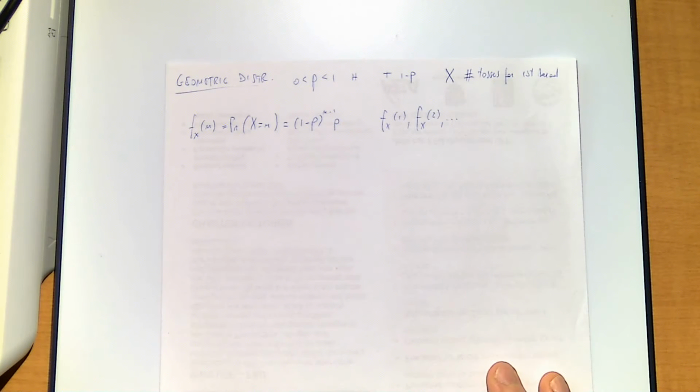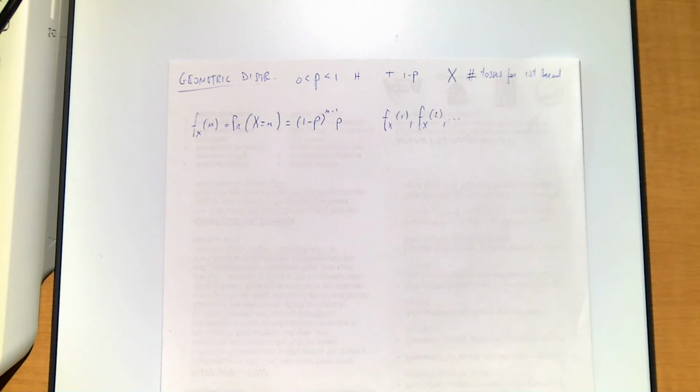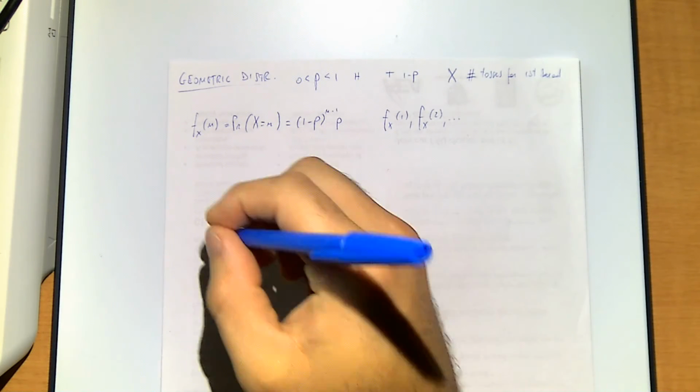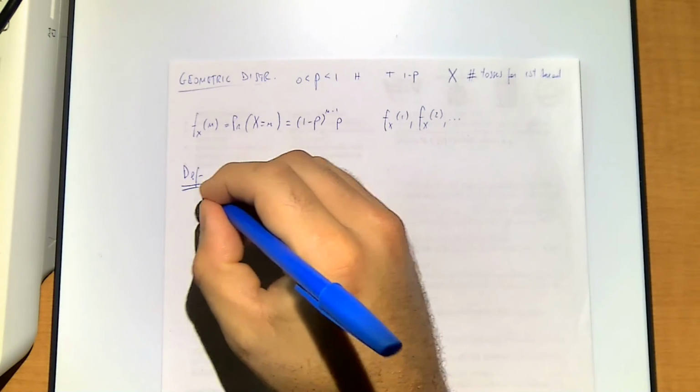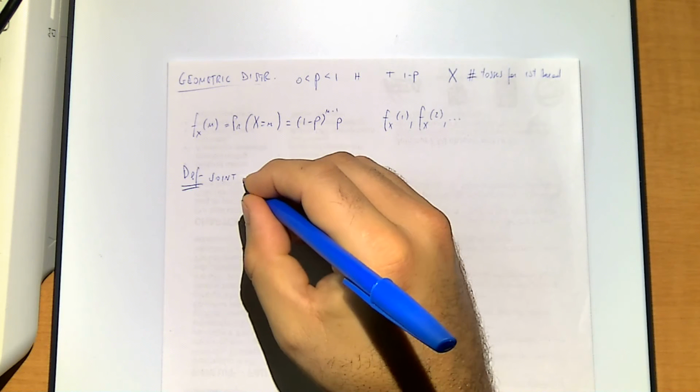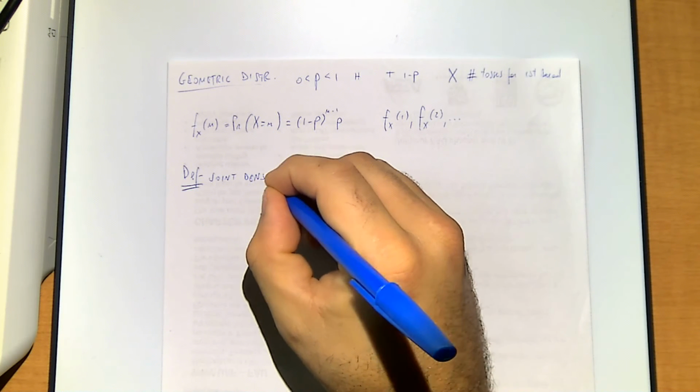So now, the first step that we did was to move from a single event to correlated events, and we're going to have to do the same thing with random variables, because that way we can capture events that depend on each other and random variables that depend on each other. So we can define a joint density function.